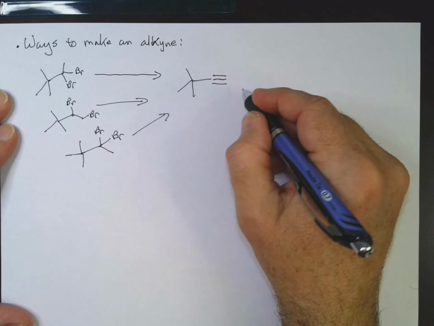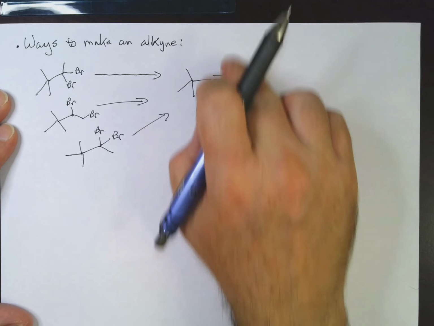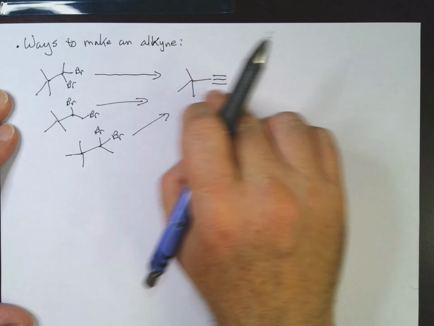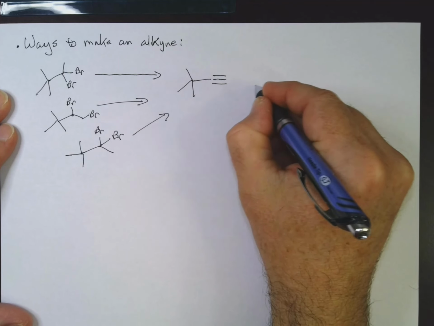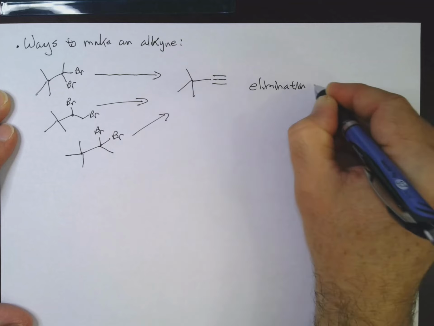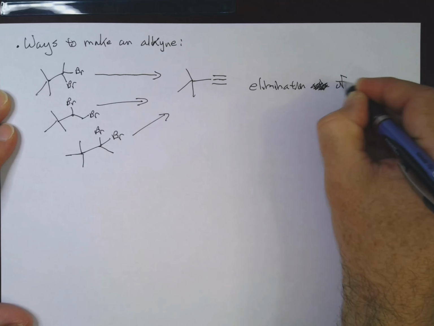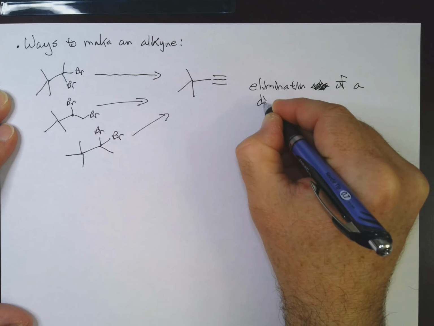Because the only reactions we've seen that make an alkyne involve elimination. So, we're saying elimination of a dibromide.